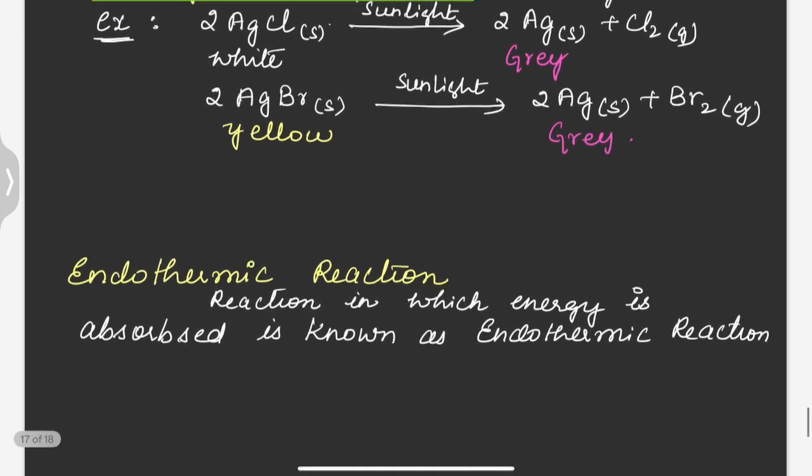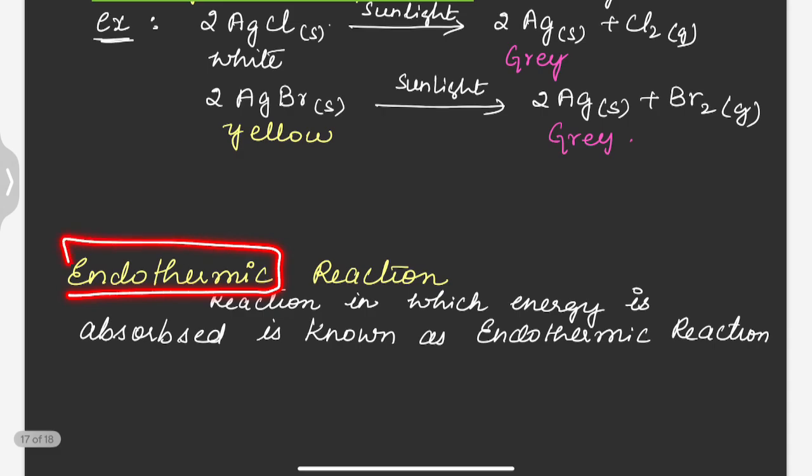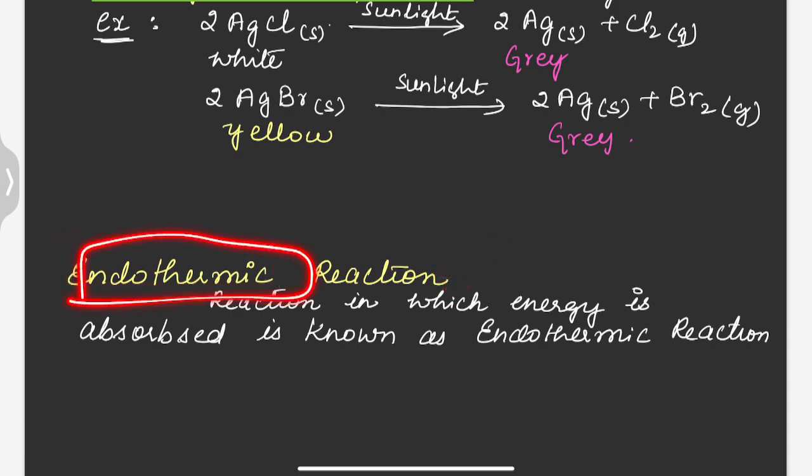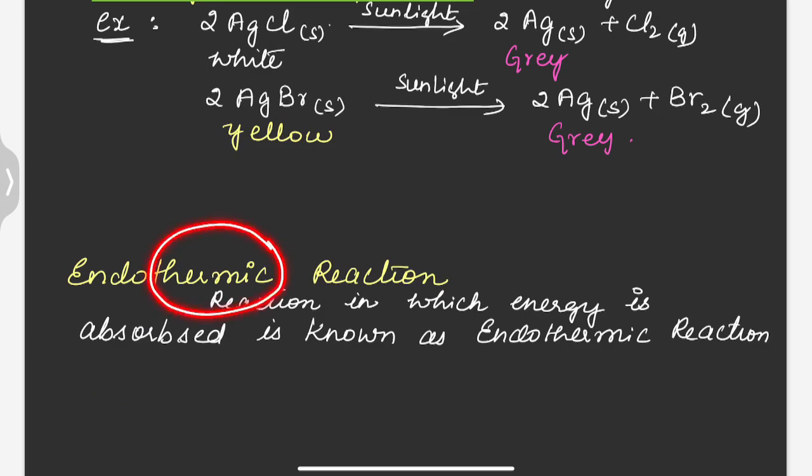And then one more term you have to learn, which is endothermic reaction. Endo meaning is if the system absorbs heat. Thermic is heat. If the system is absorbing heat during the reaction, it is called as endothermic reaction. So here you can see a reaction in which energy is absorbed. What kind of energy is it absorbing?